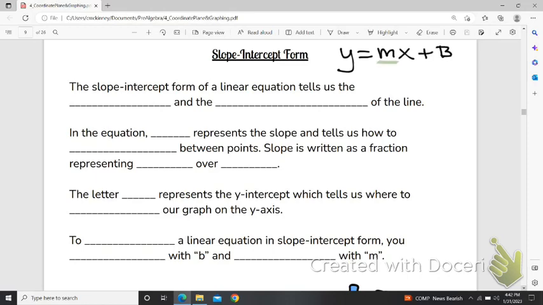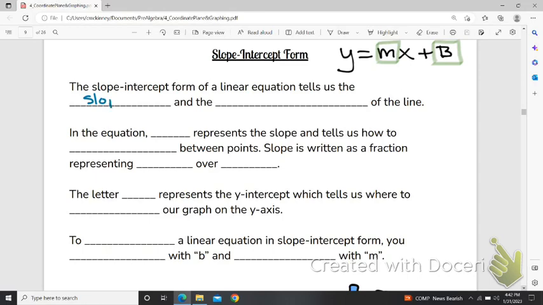But the m and the b would actually be numbers. There would be a y and an x, but the m and the b would be two different numbers that would replace those letters. So when we look at an equation, and if it's in slope-intercept form, it's very easy for us to identify two pieces of information.